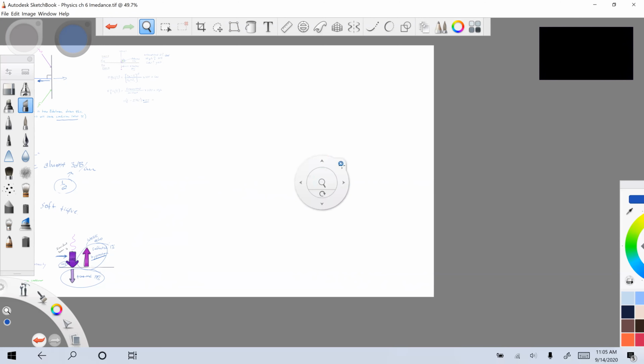Now, once again, in the book, the way he draws it, I don't know why he does it this way. He draws the boundary layer like that, and the incident beam going in like that, and then bouncing off. I don't know why he feels the need to mess with us like that.